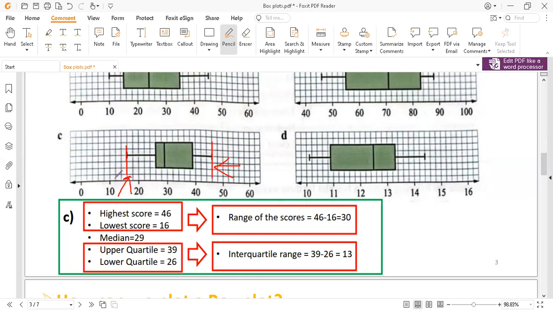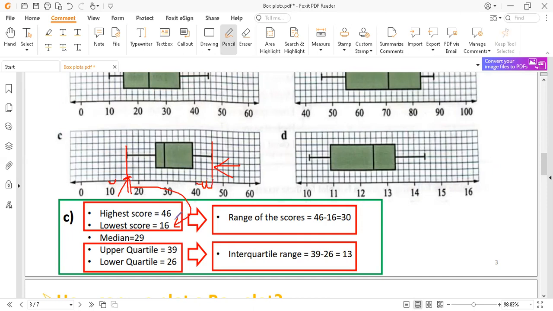So with the scale here, each step size is equal to 2. So normally 12, 14, 16. So 16 is the lowest score, and here 42, 44, 46 is the highest score.